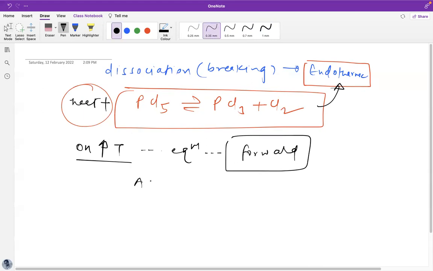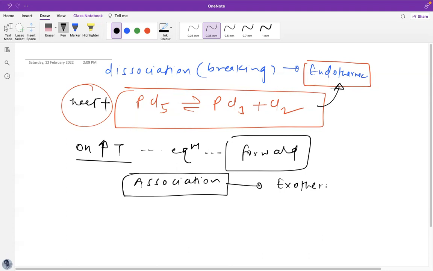And now the association reaction. Association means formation. So association is exothermic. More heat, more product is for endothermic. So association is exothermic.